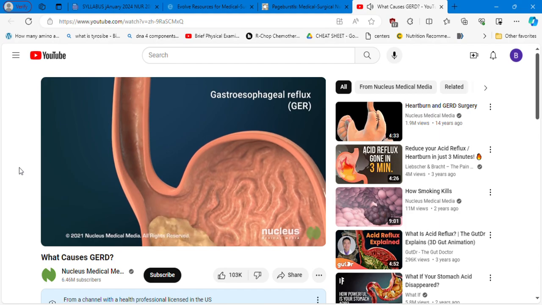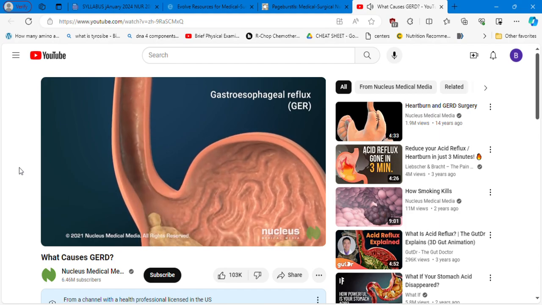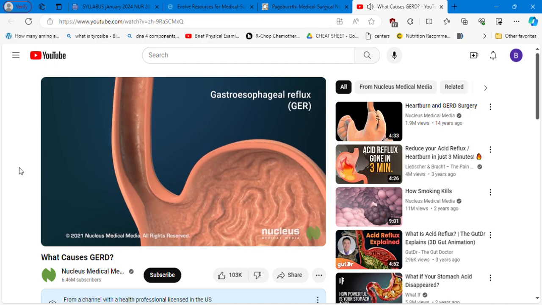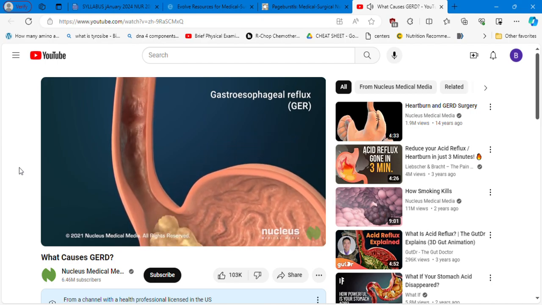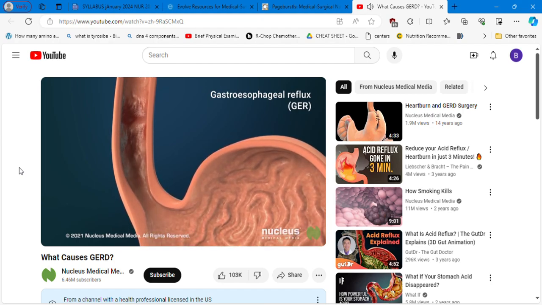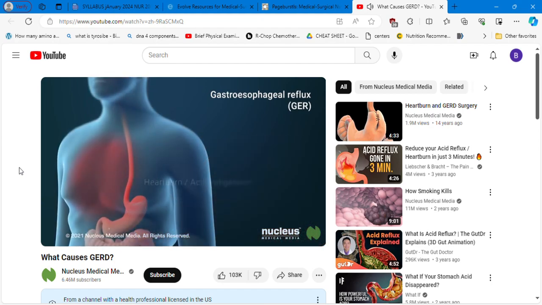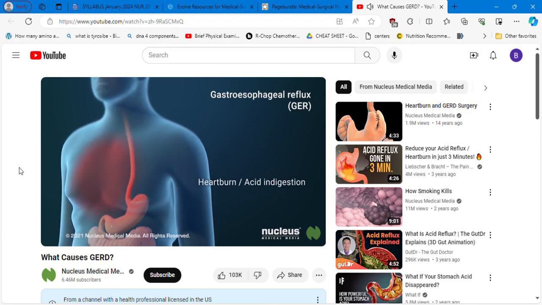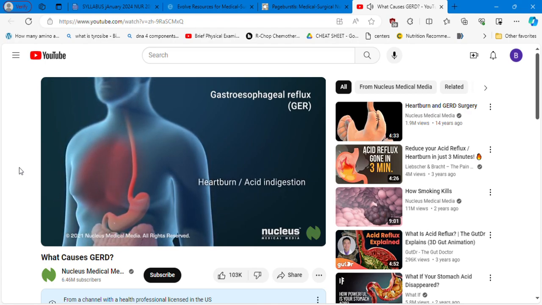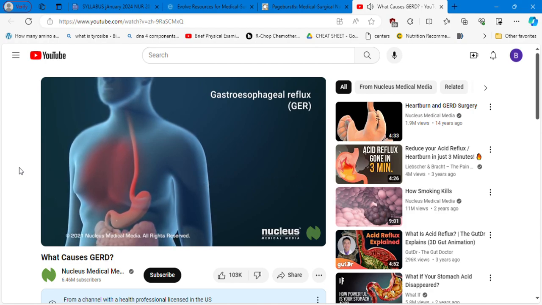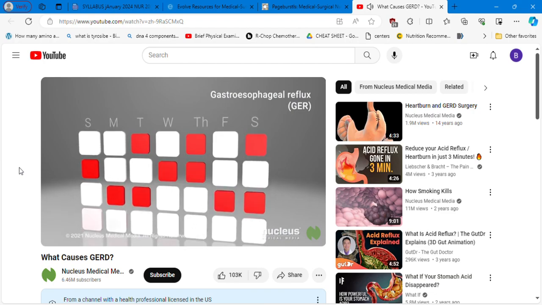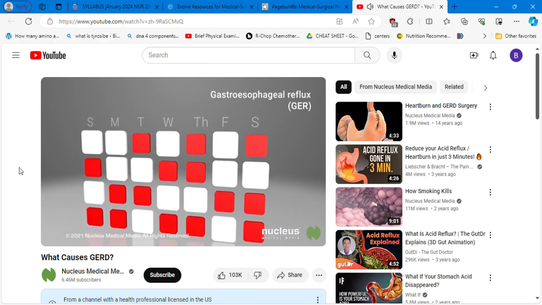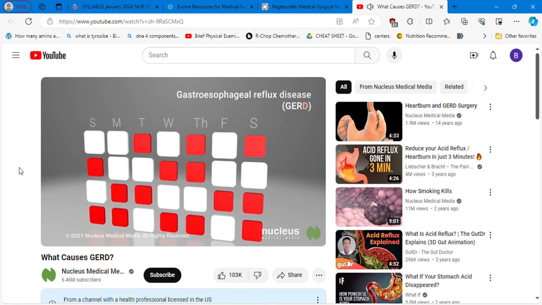The weak or relaxed sphincter allows the contents of your stomach to reflux, or leak back into your esophagus. Acid in the stomach contents irritates your esophagus. This can cause a painful, burning feeling in your chest, called heartburn, or acid indigestion. It's common to have gastroesophageal reflux once in a while. However, if it happens more than twice a week for a few weeks, you may have a more serious condition called gastroesophageal reflux disease, also known as GERD.